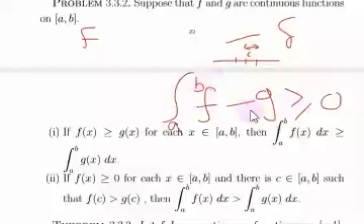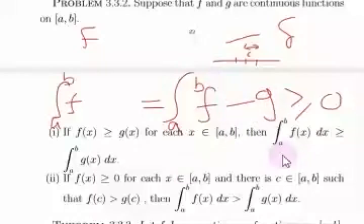You can split this integral into two integrals, because the integral operator is a linear operator. This one is the same as the integral of f over ab minus the integral of g over ab.